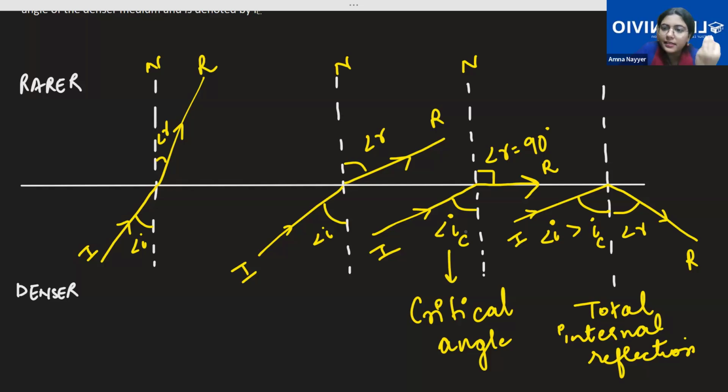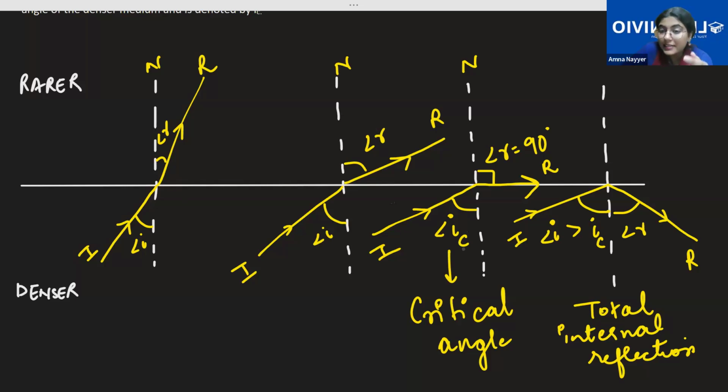Light rays traveling from the denser to the rarer. Okay, not rarer to denser. So you get a normal pattern of refraction that we have studied. You are increasing angle of incidence, angle of refraction is increasing. You're increasing the angle of incidence further, so angle of refraction increases further. A point will come where this angle R will become 90 degree eventually. That angle of incidence is termed as critical angle.